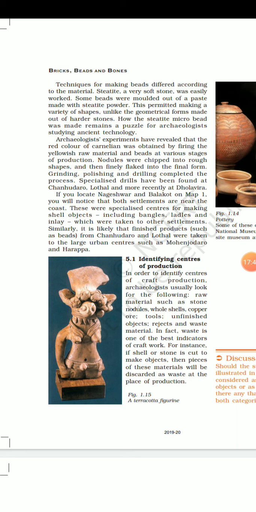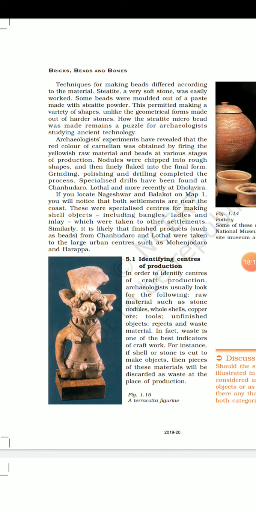In the same way, places like Nageshwar or Lothal are situated on the shore of the Arabian Sea, because from the Arabian Sea it was very easy to find all this raw material, shell, for making these objects.